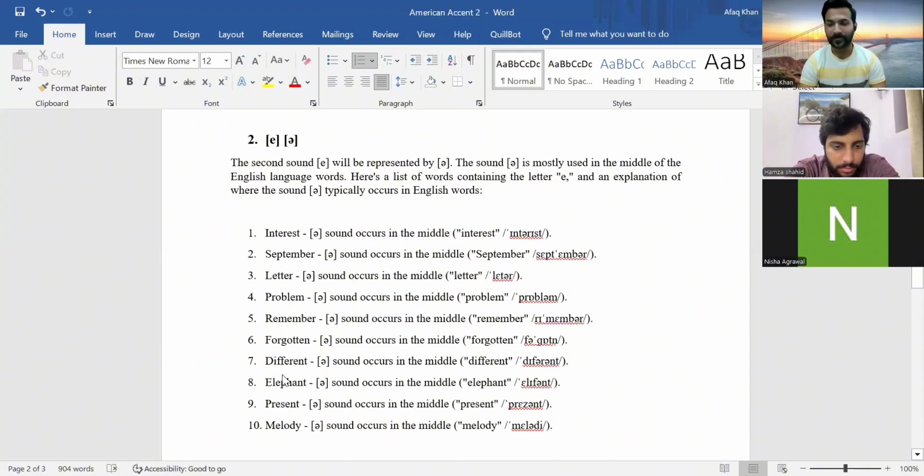Now we're gonna move to the next example, and that's how would you say that, Hamza? Different. Okay. There are two letters of E. You have to find out. Okay, so the schwa actually occurs, where does it occur?